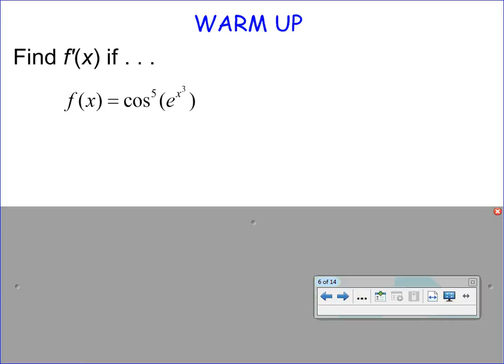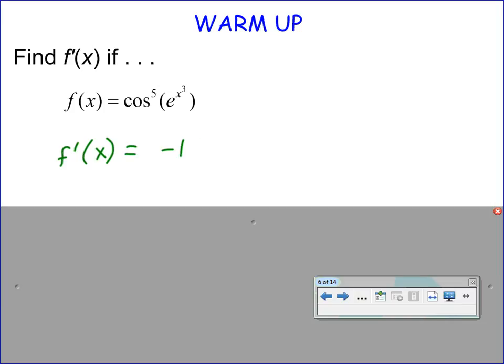Okay, ladies and gentlemen, let's go ahead and share our result for f prime of x, given f of x is cosine to the fifth of e to the x cubed. So you said you agreed, Sydney and Tyler? Okay, then go ahead and share your expression for f prime of x with the class, please.